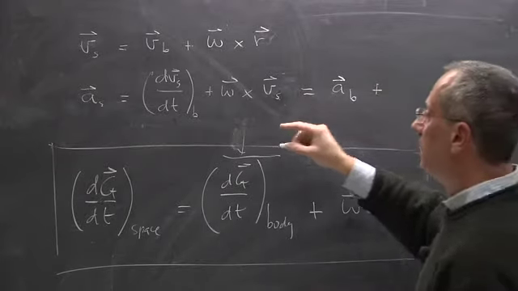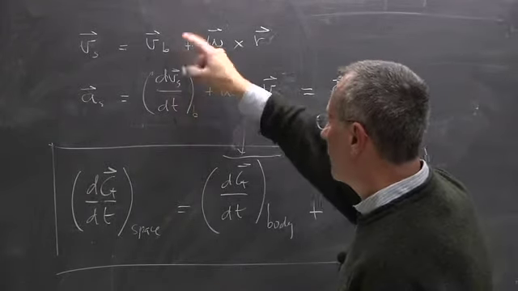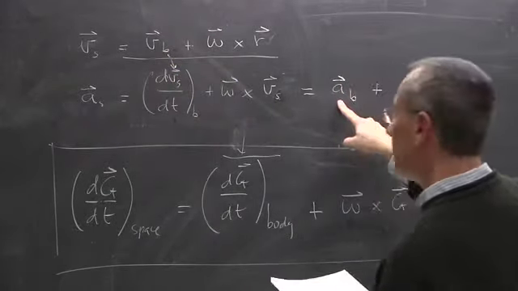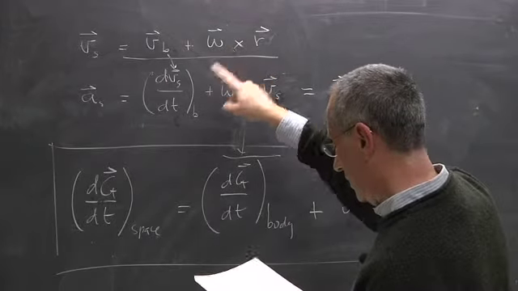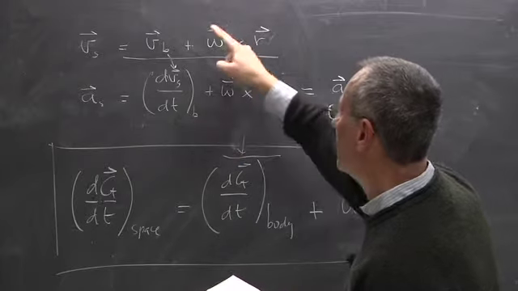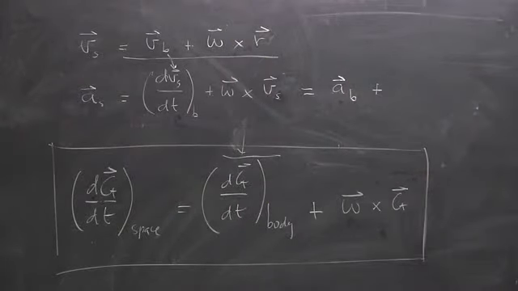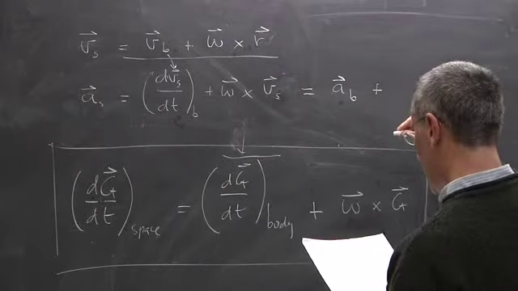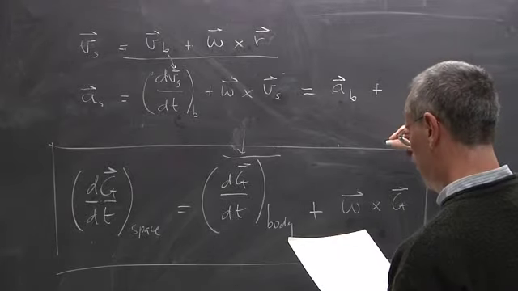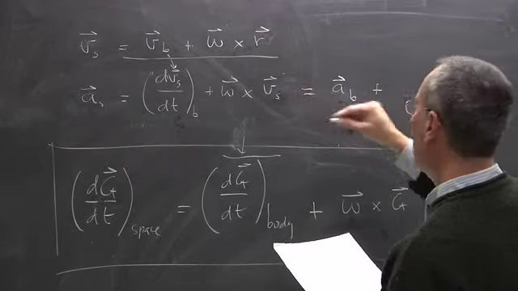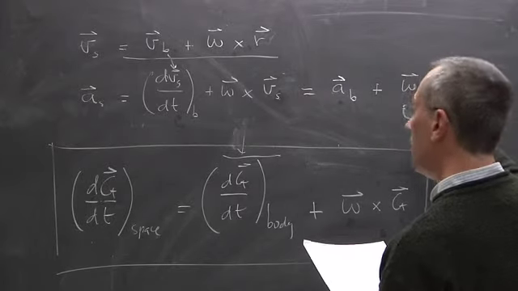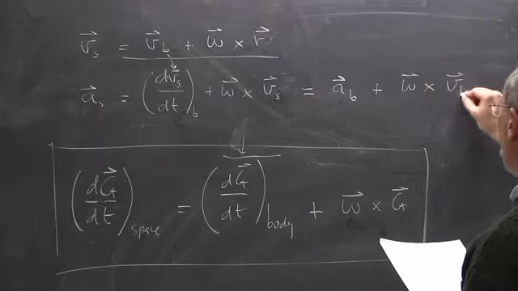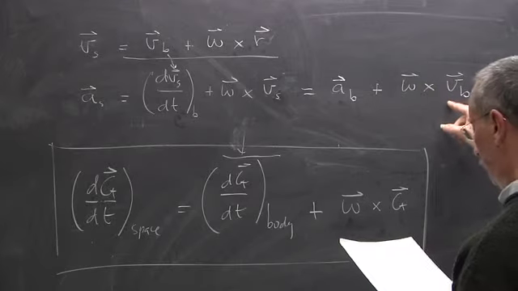Then I have... So I'm plugging in this, okay? So take this and plug it in. So the first term is just this. Then you have this term that you have to take the derivative. This is constant. We are just assuming that the body is rotating, but with constant angular velocity. So I have a term omega cross. So I take the derivative. So this is V body, okay, the first term.